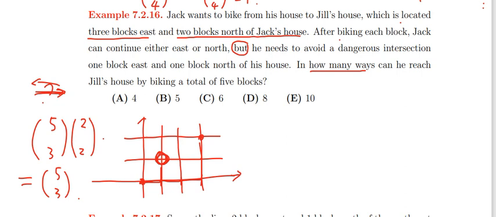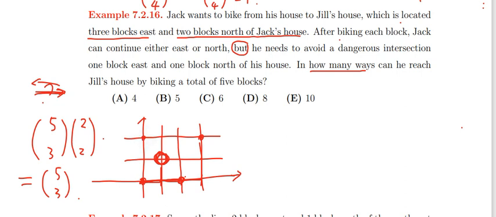Okay, so cannot go here. So let's say, first he can only go to here. He can go here, so cannot go there, or can go here. If we go to here, then he has to go to here, right?